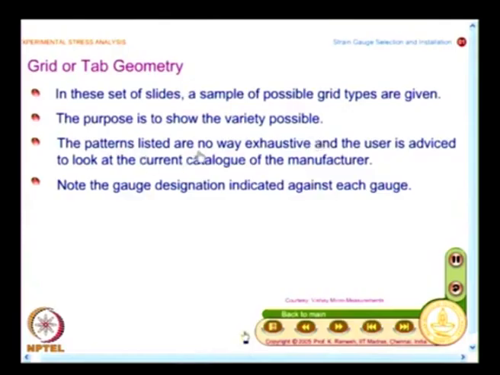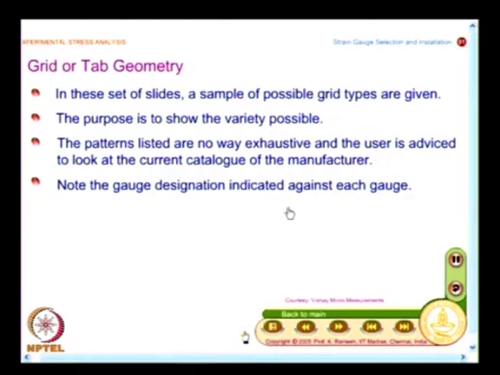The patterns listed are in no way exhaustive, and as a user you have to look at the current catalog of the manufacturer. And the idea I want to show is, when you look at these grid patterns, also note the gauge designation system indicated against each gauge. So, you have a number assigned to it, you will be able to quickly find out what kind of strain gauge I am looking at.